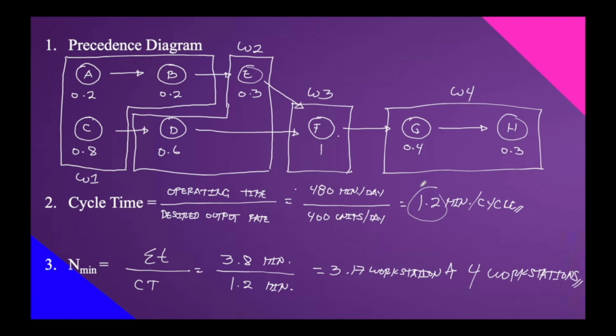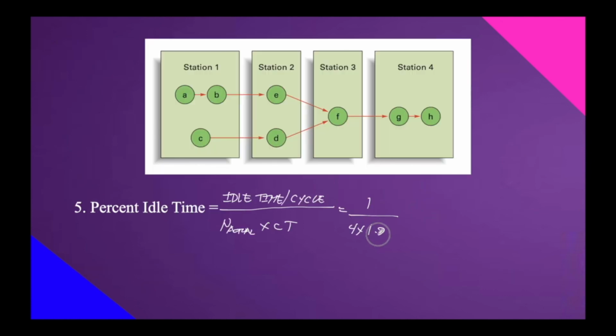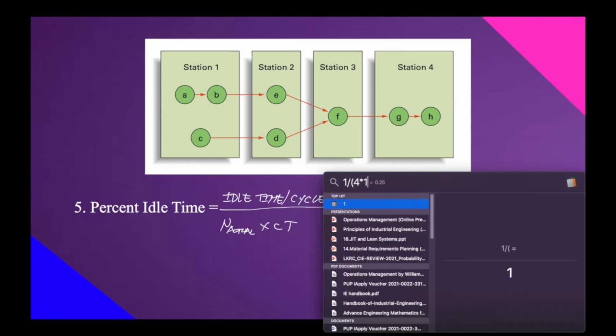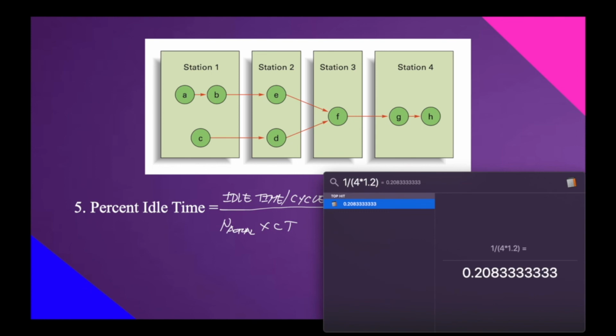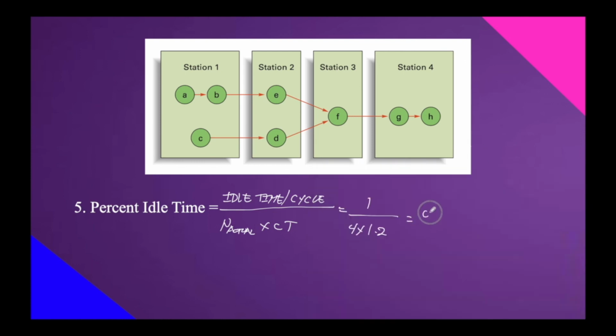So, 4 times 1.2 equals, let's have a computation here. Divide 1 by 4 times 1.2. We have 0.2083, or this is equivalent to 20.83%. Meaning, 20.83% of the time is actually idle.